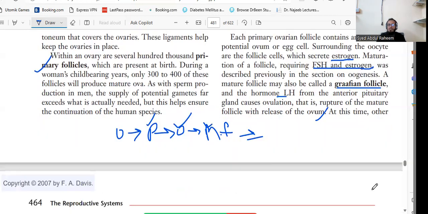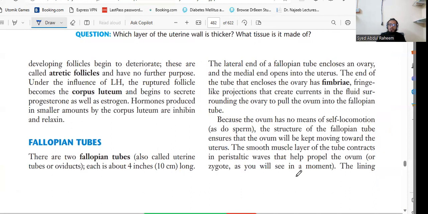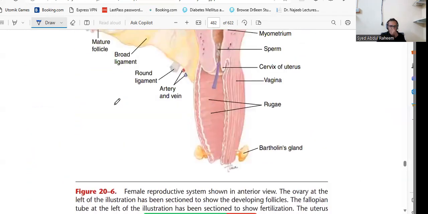At this time, other developing follicles begin to deteriorate. These are called atretic follicles and have no further purpose. Under the influence of LH, the ruptured follicles become the corpus luteum and begin to secrete progesterone as well as estrogen. Hormones produced in smaller amounts by the corpus luteum are inhibiting and relaxing.